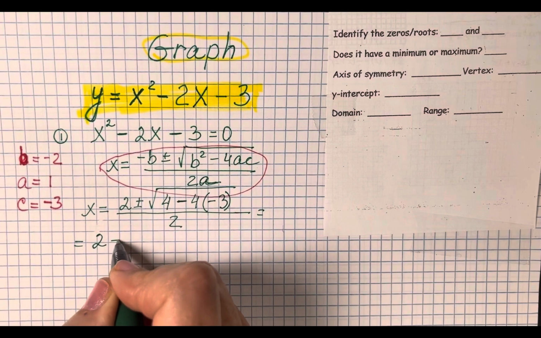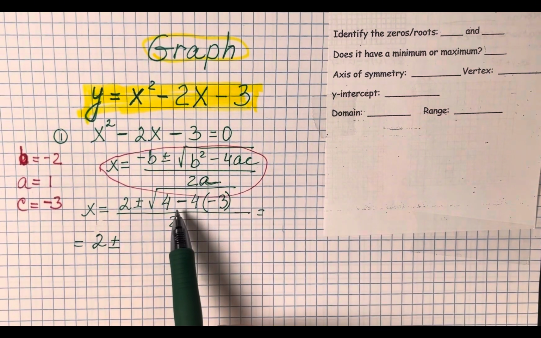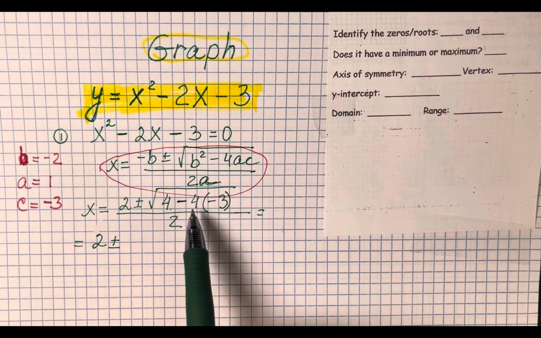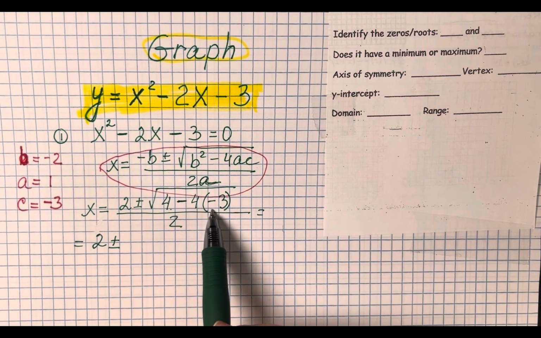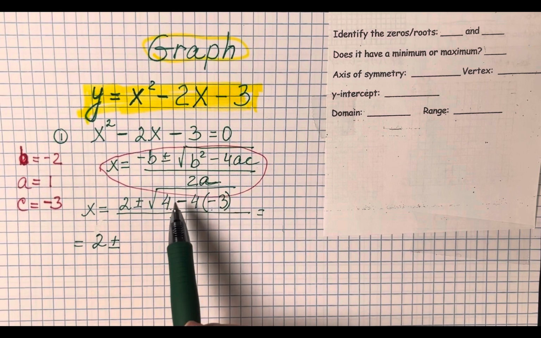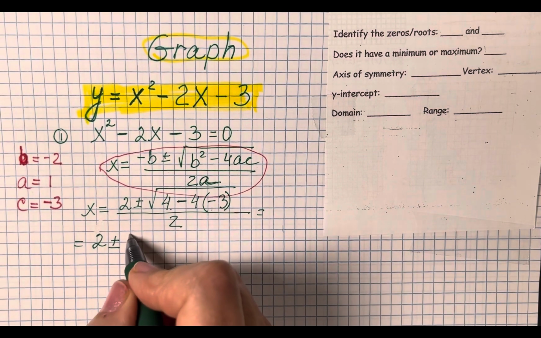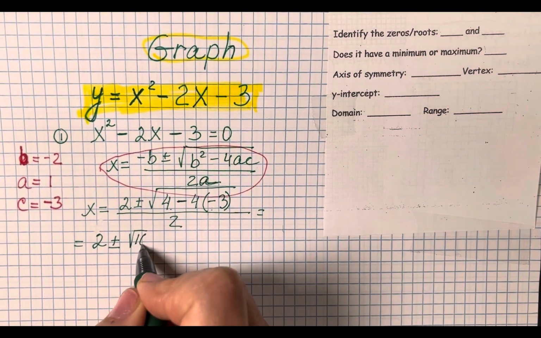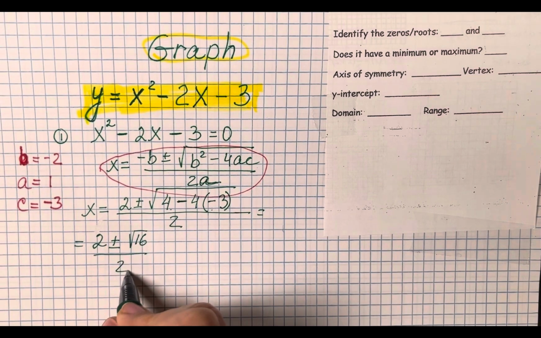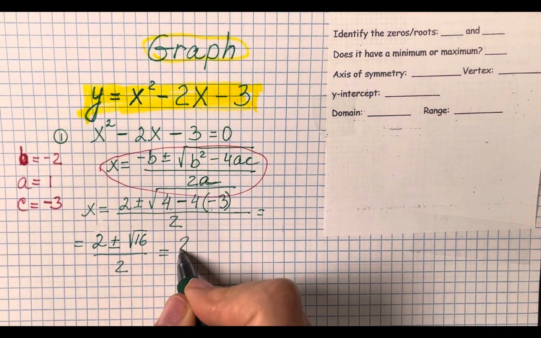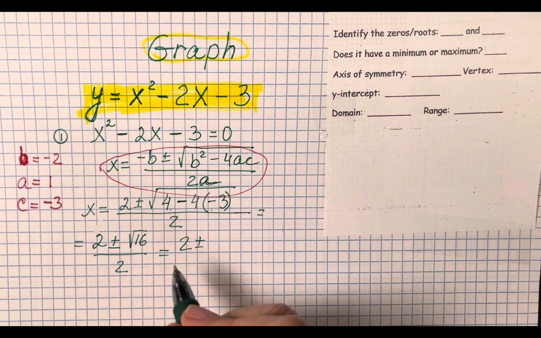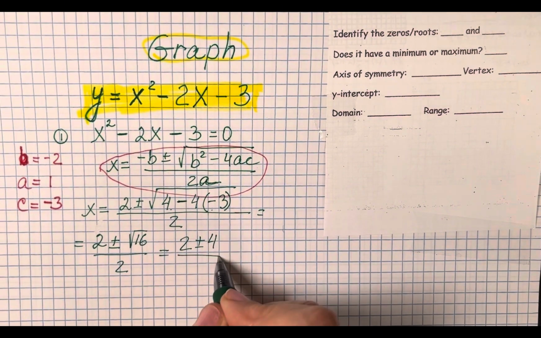2 plus minus. So as you see, 4, minus 4 times -3 gives us positive 12. Positive 12 and 4 is the square root of 16, a very beautiful number, over 2. And now we have 2 plus minus the square root of 16, which is 4, over 2.